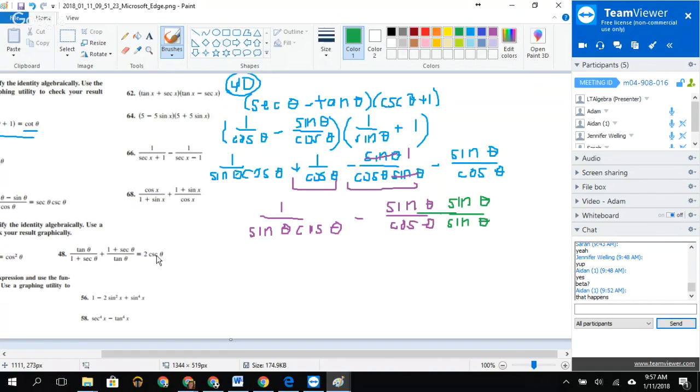Right? Then my denominator is the same, and I can simplify all into one expression. All right. So that means I will have 1 minus the sine of theta times the sine of theta is the sine squared of theta over the sine of theta cosine theta.